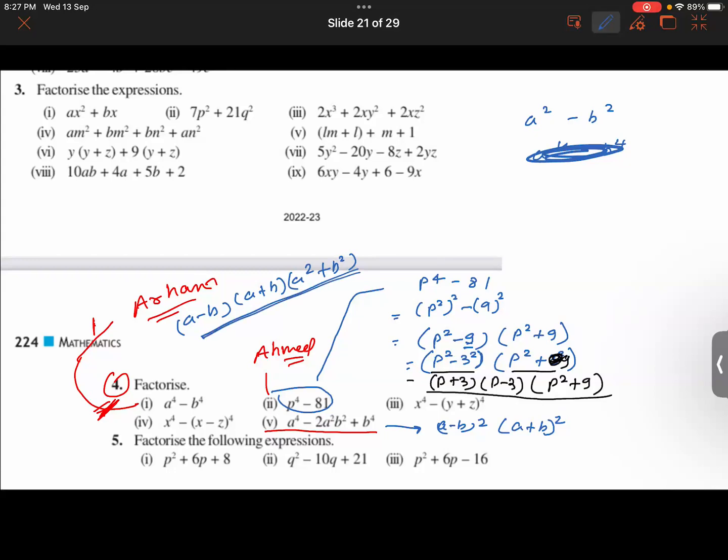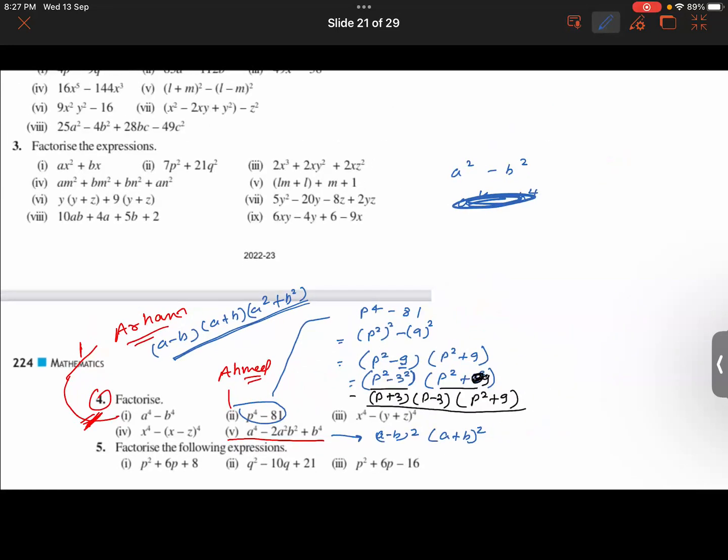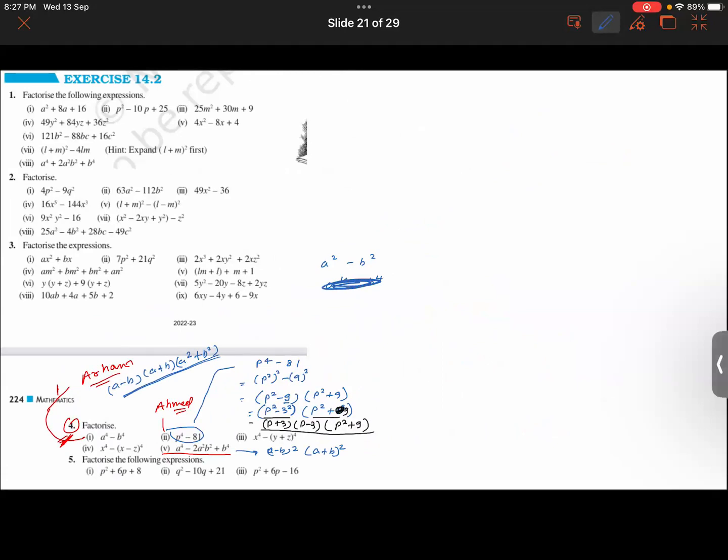Would you guys like to explain the questions to me, or is it clear? It's clear, sir. Okay then. So your task is going to solve the remaining questions of exercise 14.2. And in the next class, we will be talking about factors of the form x plus a multiplied x plus b.